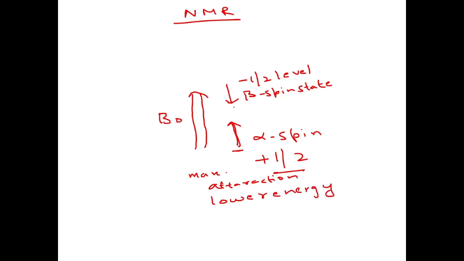Whereas at this level, we have the beta spin state. This is aligning against the field, and it will have the higher energy, and there will be maximum repulsion.